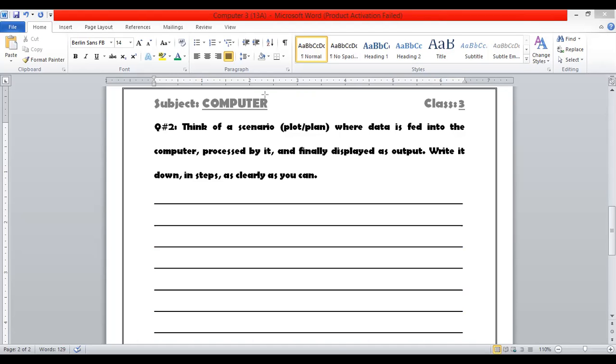Now we are making a sentence related to input, processing and output. So data is fed into the computer. Let's consider it. I am just writing the example. Let me change the color.